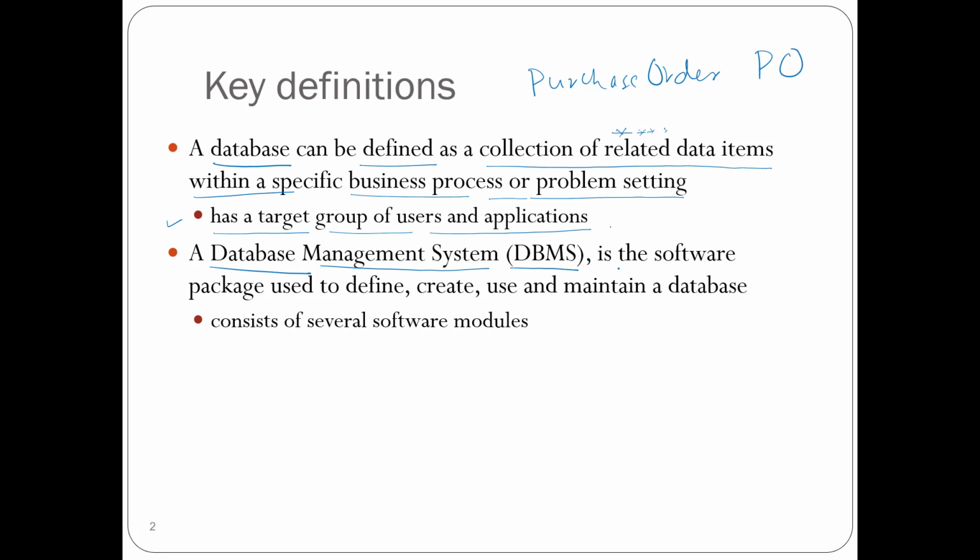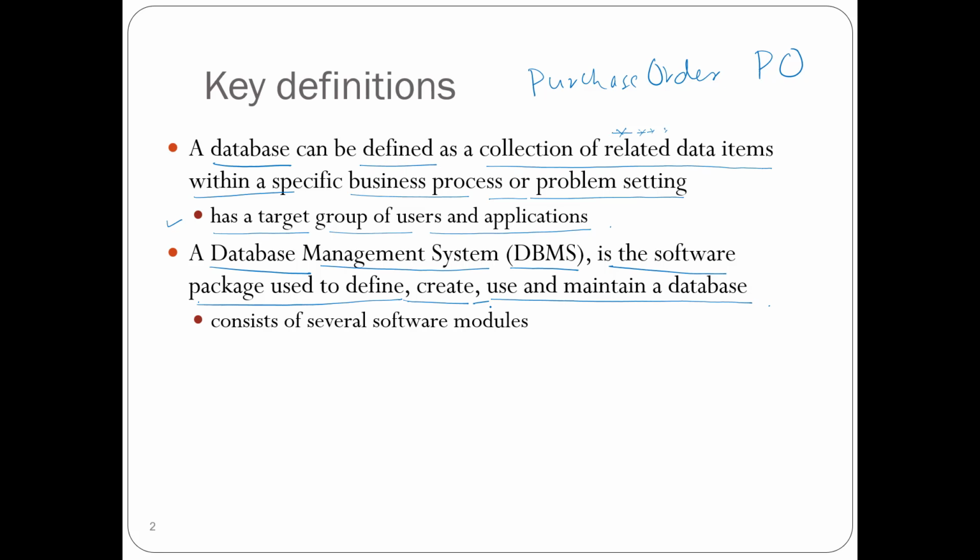DBMS is a software, or software package, which is used to define, create, use and maintain a database. This software called DBMS is a complex software. In fact, this whole course will try to understand to some extent the importance of DBMS in computer science.